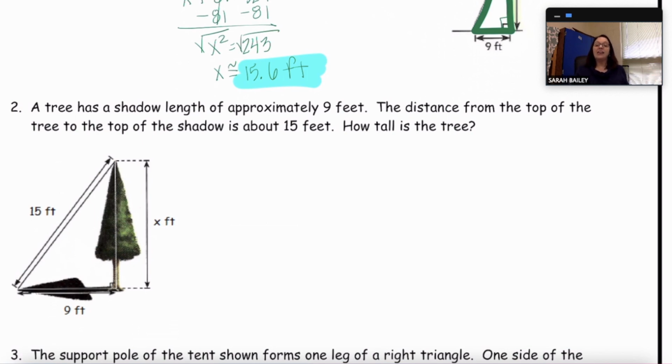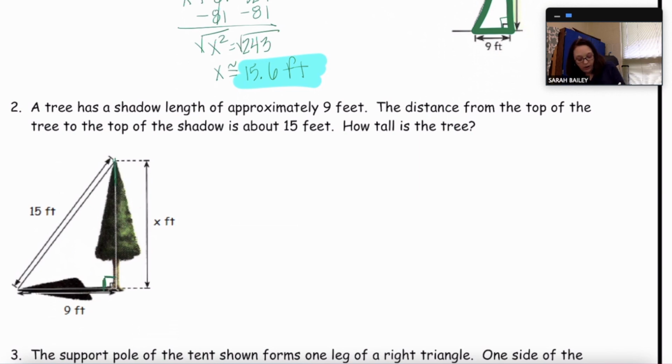So again, where the tree meets the ground is going to be a right angle. So you can draw in that right angle. Okay? And actually I should not have drawn my right angle there. Scratch that. Let's draw in my right angle here.